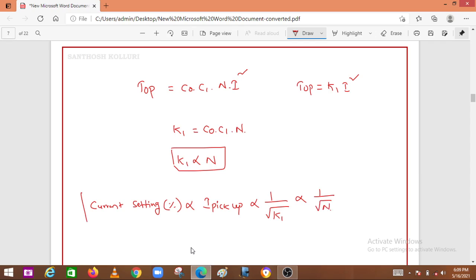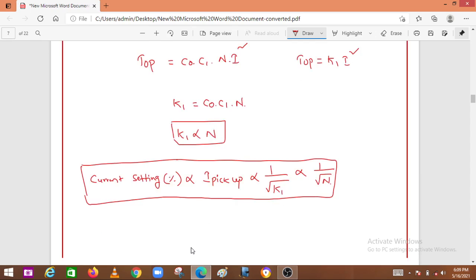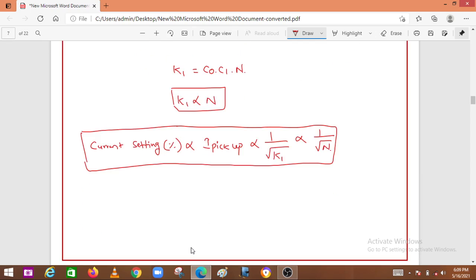So these are the important relations for the current setting phenomena. By adjusting the actual number of turns in the relay operating coil, the current setting of the pickup current is adjusted. That's the meaning here.